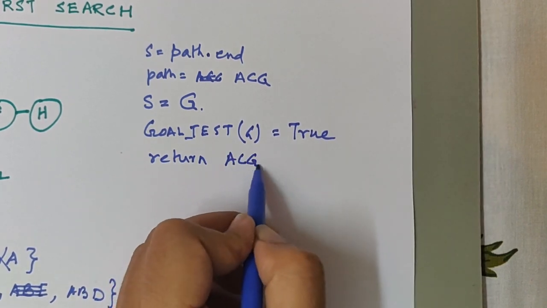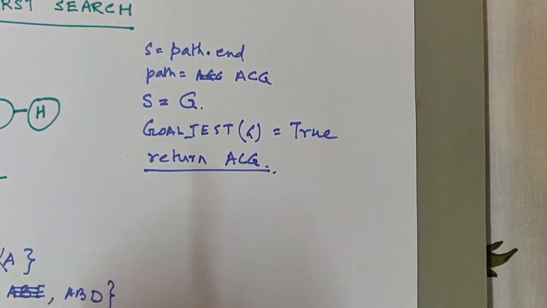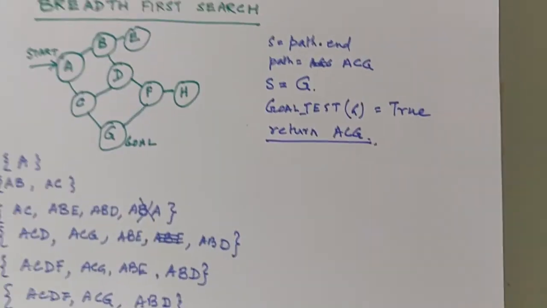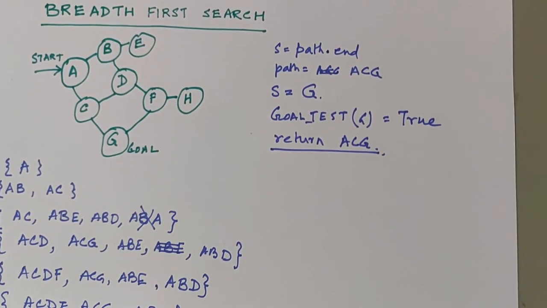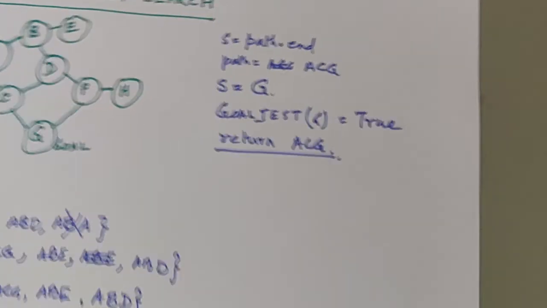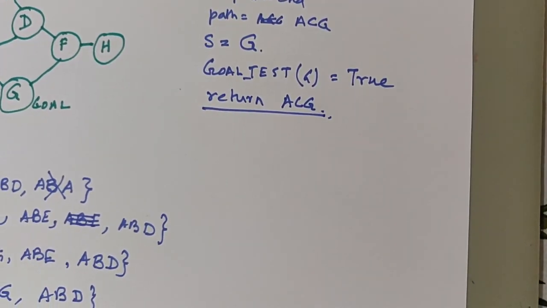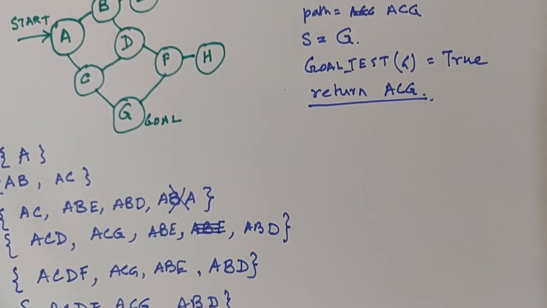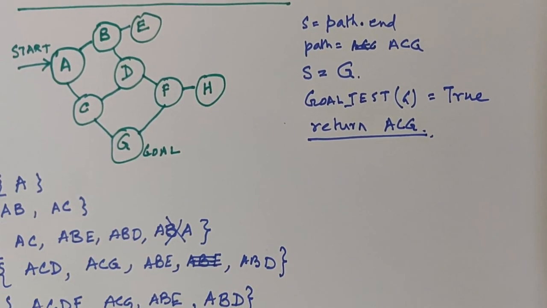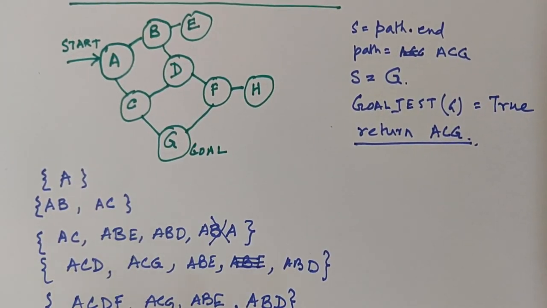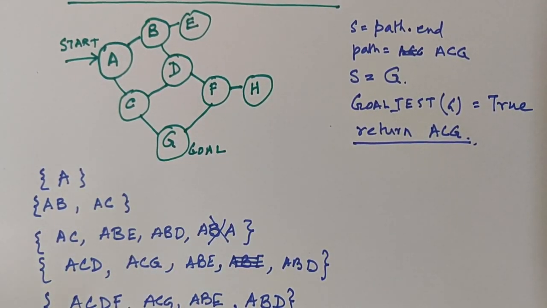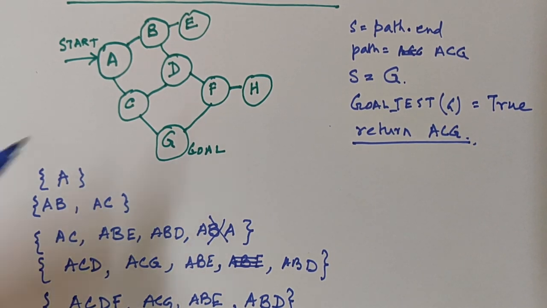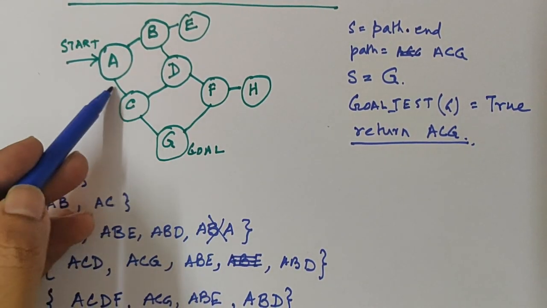So breadth first search returns the path ACG as the solution path. And indeed, as you can see, if we talk in the number of steps from the start to the goal, it is really the shortest path.